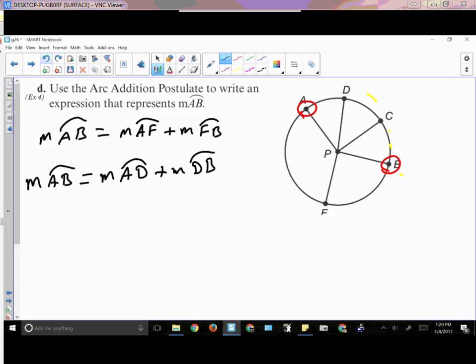Could I say that the measure of AB is equal to measure of AD plus measure of DC plus measure of what? What would be the last one? If I went from A to D, D to C, then I'd have to go from what to what? C to B. There you go.